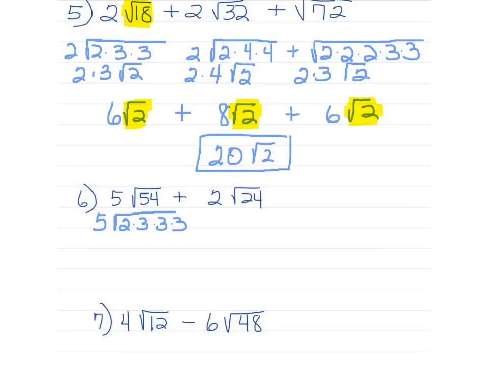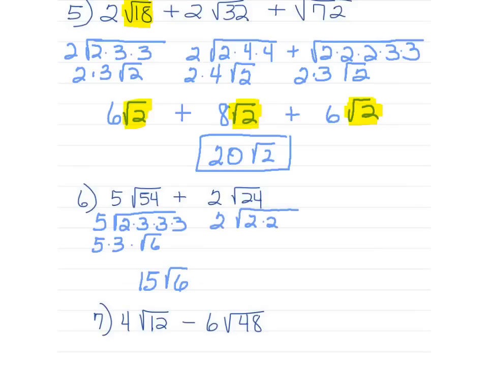I can rewrite that as 5 times 3 times radical 6, which is 15 radical 6. Okay, let's go ahead and simplify 2 radical 24. So we know that 24 is 3 times 8, or 8 times 3, so we have 2.